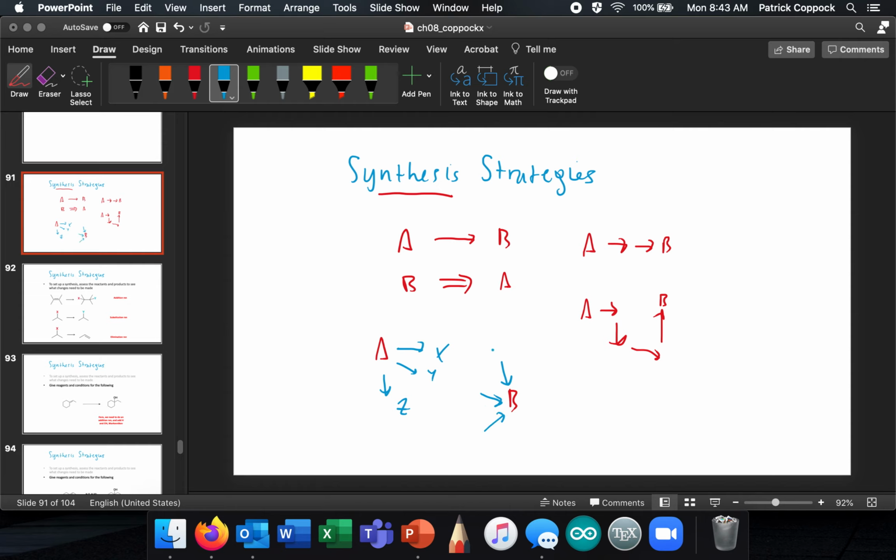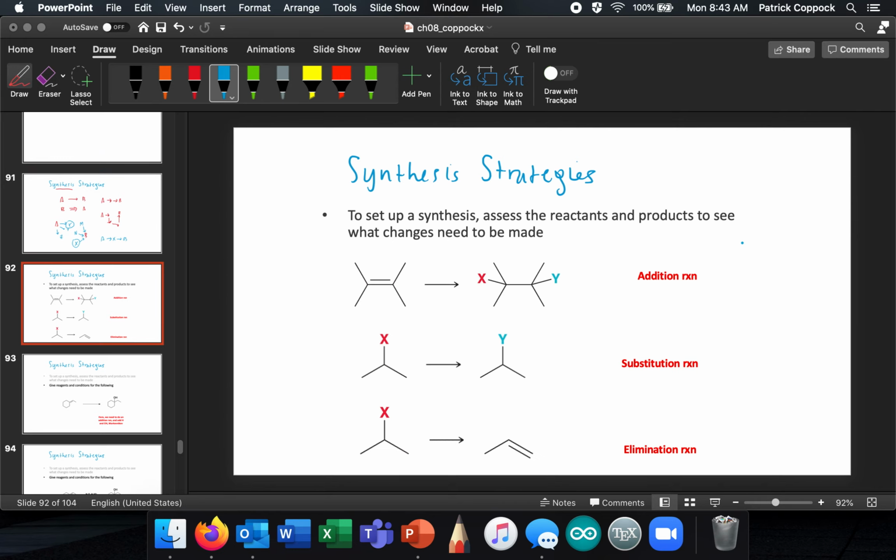Let's see, I can make it from M, I can make it from N, and oh yeah, I can make it from X. Look at that. Okay, I see now. My pathway is going to be A to X to B, right? That's how I think with this, and I think that you're going to end up going the same way.